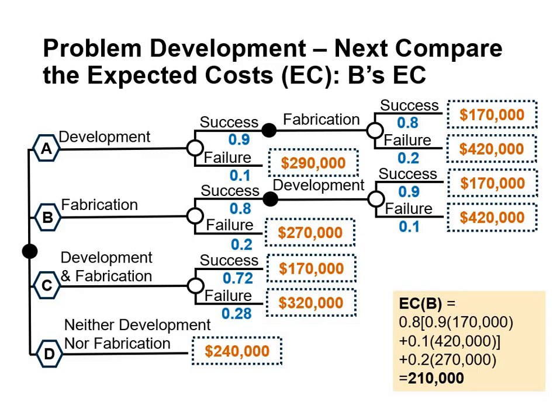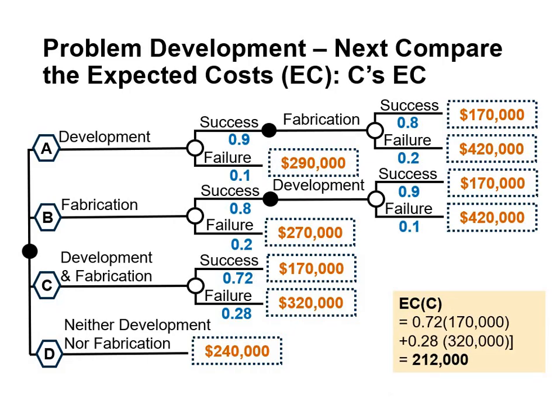So what about the expected cost of C? So the probability that development and fabrication is simultaneously a success is 0.72. So then we do 0.72 times 170,000 plus 0.28 times 320,000. That should be 212. Let's double check again.